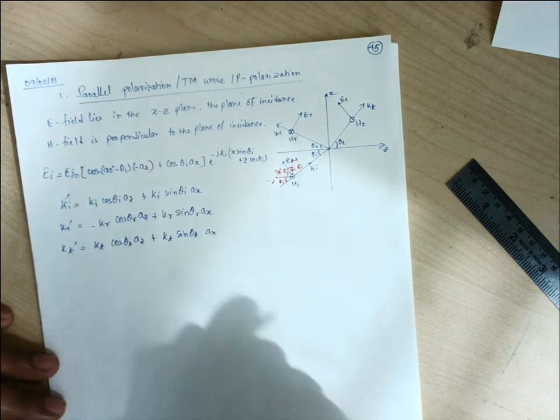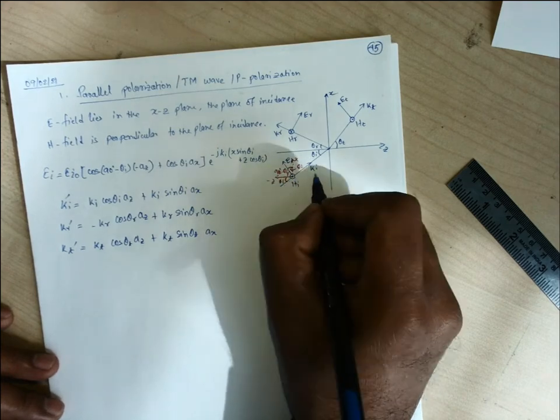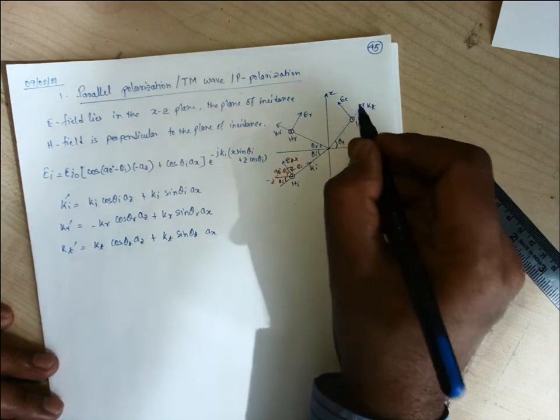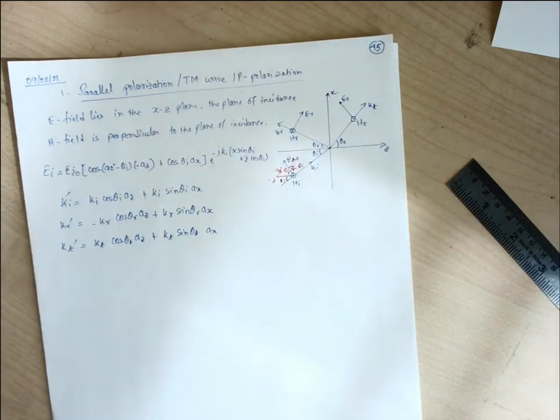Fine. You have been splitting this k along z and x, same along z, x. So after all we have been writing this expression.